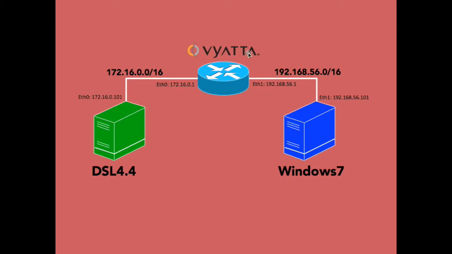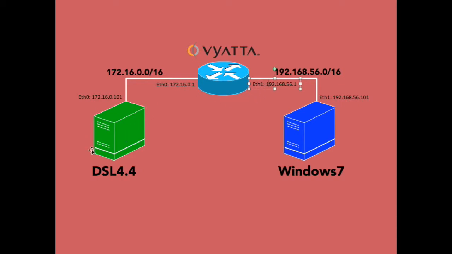So, as you can see here, we're going to have a Vyatta, a virtual router, which is going to be running VyOS Community Edition. We're going to create two networks, a 172 and a 192 network. We're going to configure two interfaces on the Vyatta, one being on the 172 network and one being on the 192 network. So ETH0 and ETH1.